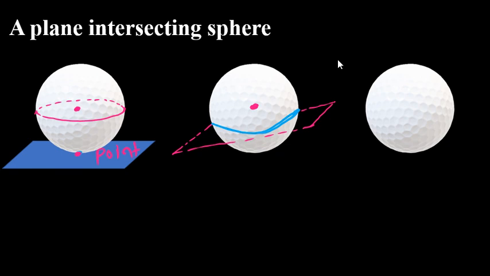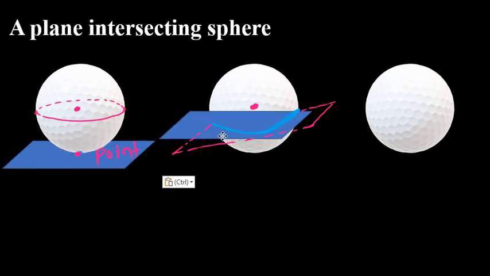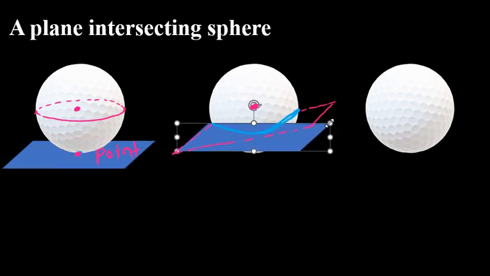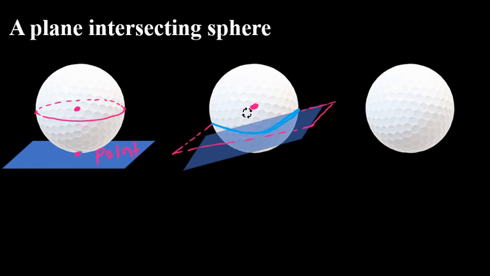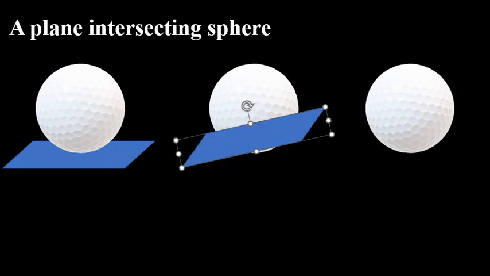Or we can do one thing. Let me just take it from here. If I intersect in this way, you can say that it will intersect in the form of a circle.